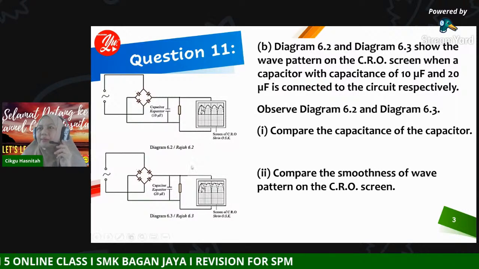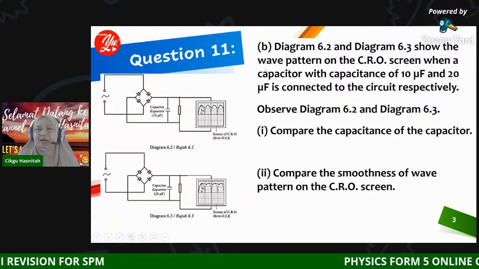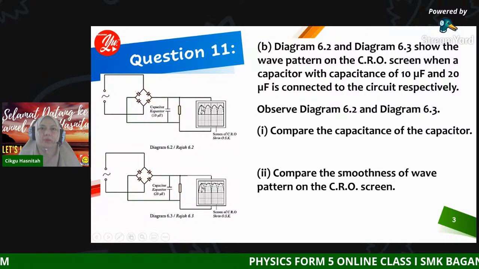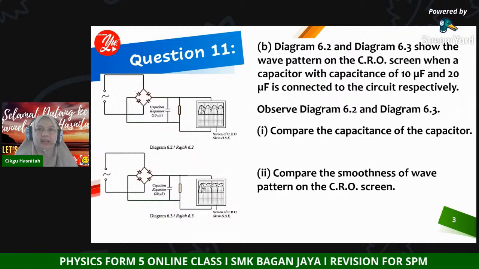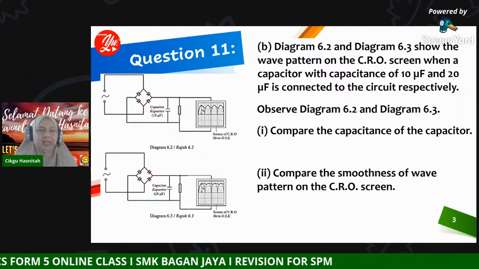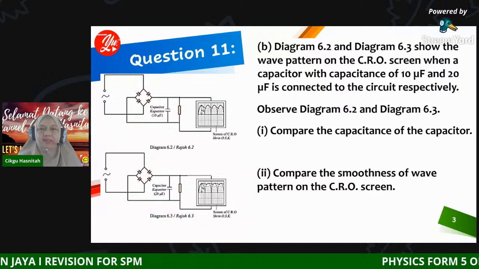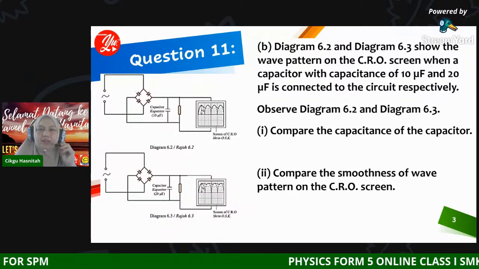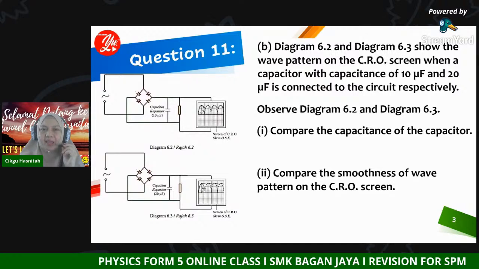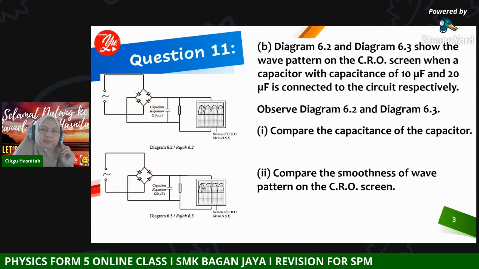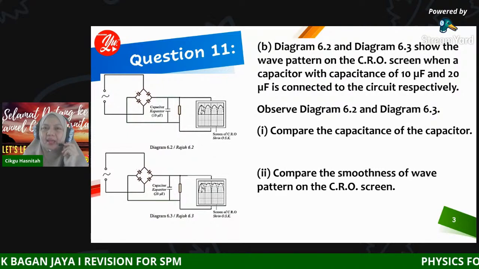Now diagram 6.2 and 6.3 show the wave pattern on the CRO screen when a capacitor with a capacitance of 10 microfarads is used. Microfarads is spelled F-A-R-A-D-S.